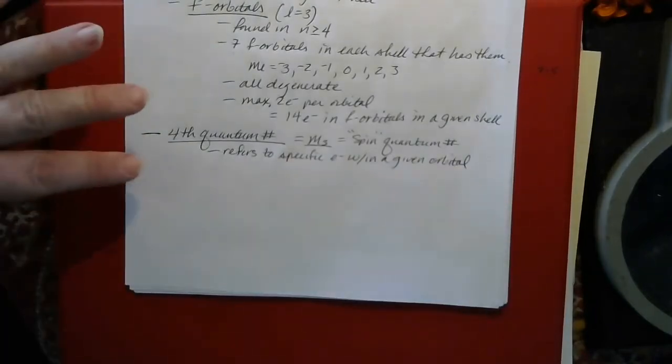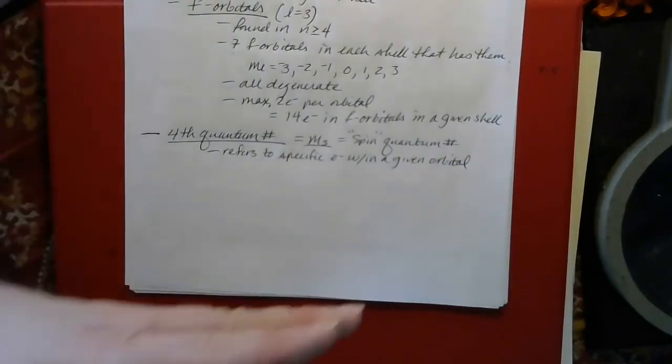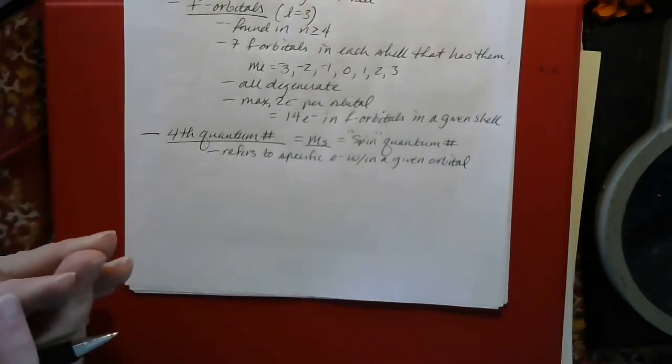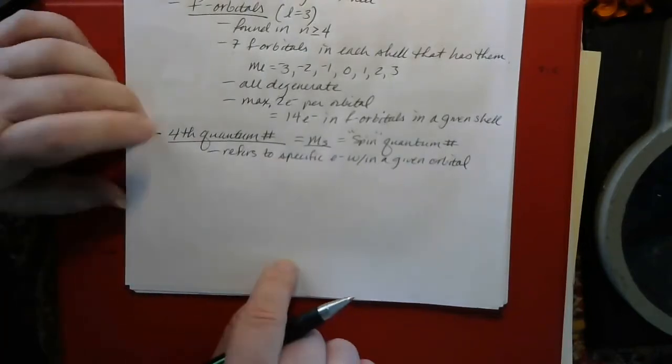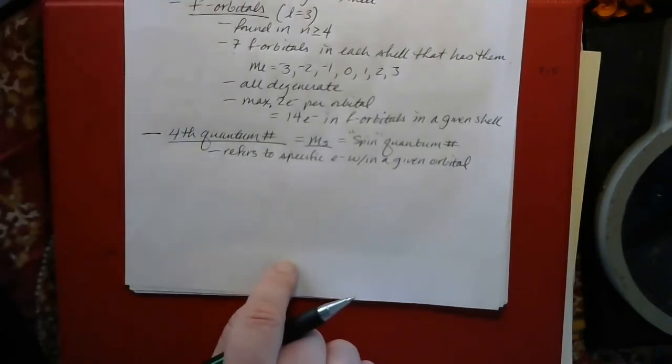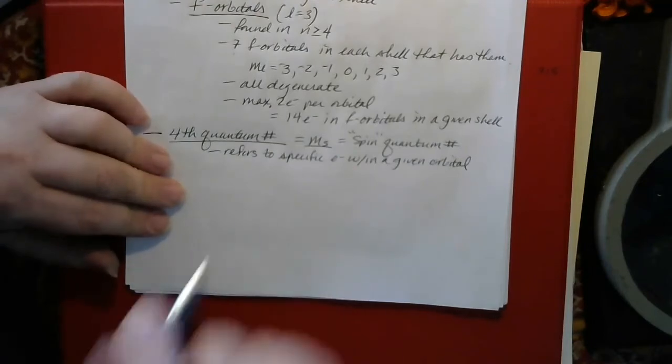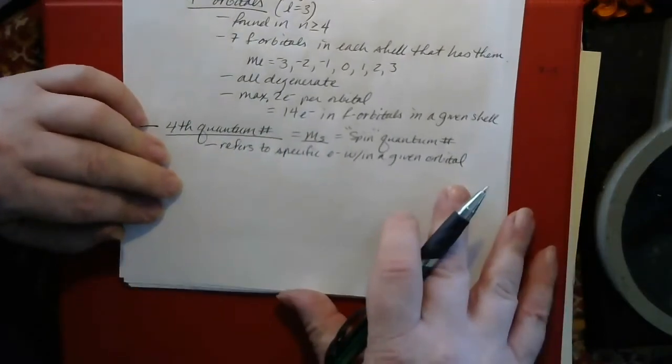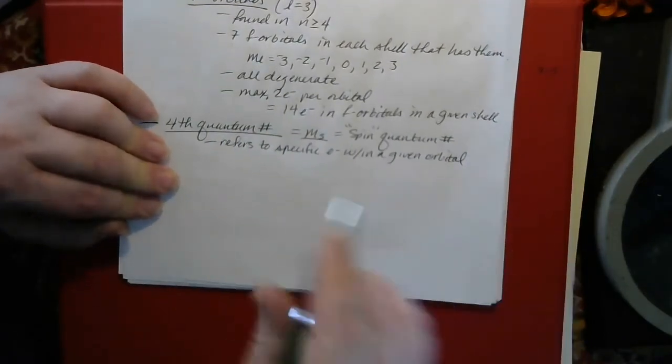So the first three quantum numbers are about narrowing down which individual orbital you're talking about. The fourth quantum number is about identifying which electron in that orbital you're talking about. Because remember, each orbital can hold 2 electrons. So you have to have a way of saying which of those 2 electrons we are talking about. And that's what the fourth quantum number, or the spin quantum number, is about.